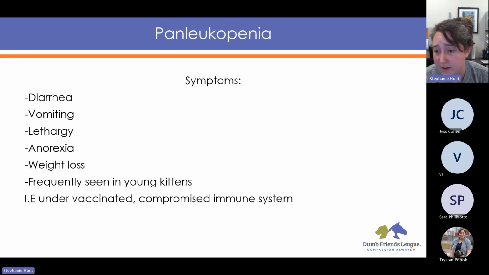The FVRCP vaccine that works against panleukopenia is very efficient. So when you have a healthy, happy adult animal that is fully vaccinated, they're very well protected against this. With young kittens, they are either not vaccinated, they're undervaccinated, or they have that compromised, immature immune system as they're growing and developing into an adolescent, that kind of puts them at a higher risk.